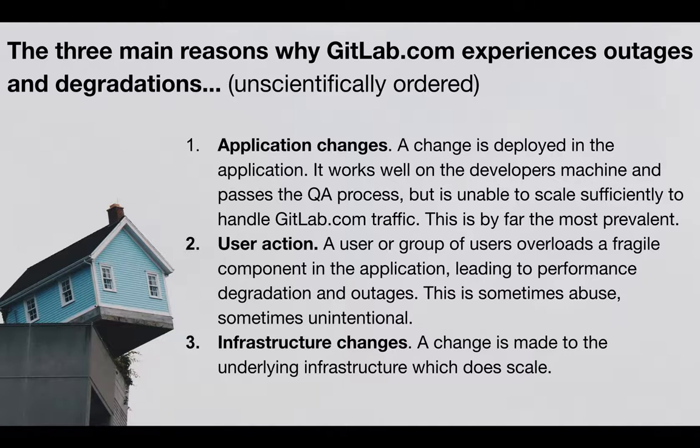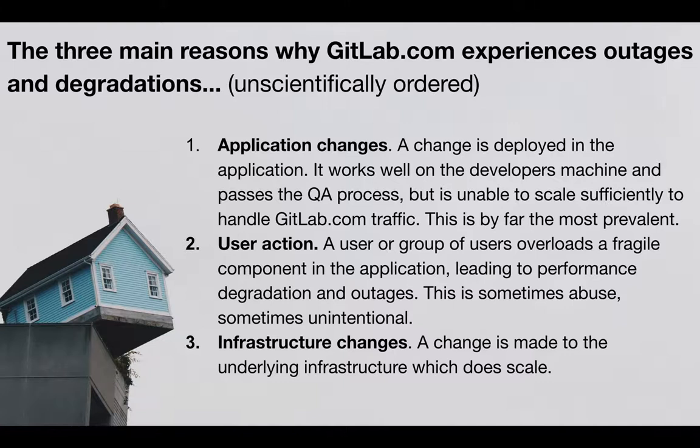The second most likely is a user or a user action, and this is when a user or group of users overloads a fragile component of the application, leading to performance degradation and outages. This can sometimes be abuse, but usually it is unintentional. And the third class is infrastructure changes. This is when a change is made to the underlying infrastructure and this doesn't scale.